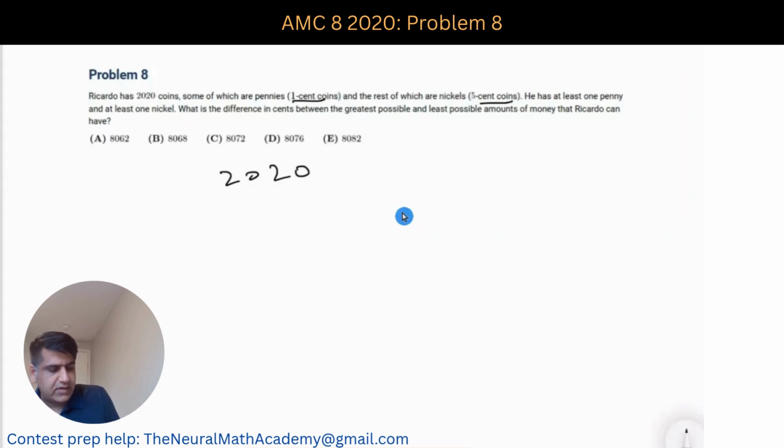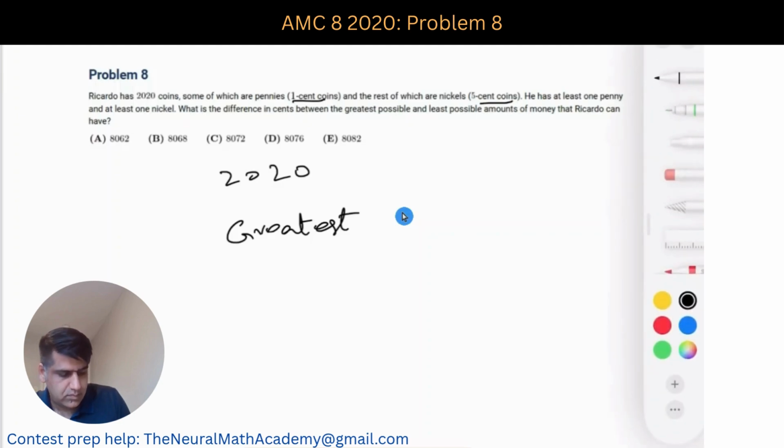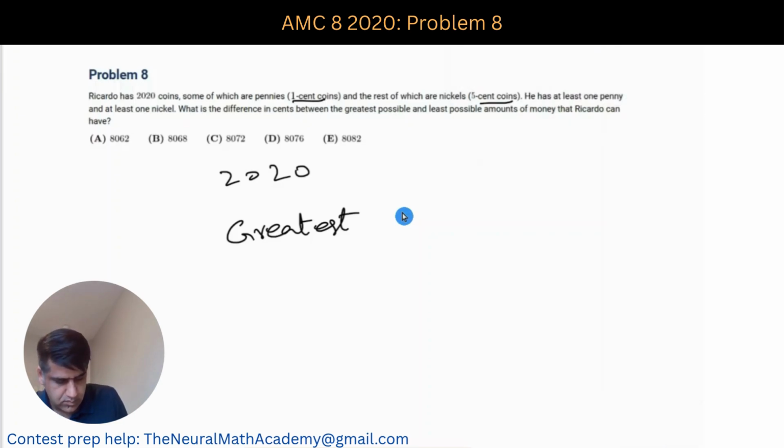Okay, so we can set it up like this: greatest amount minus the least amount that is possible.